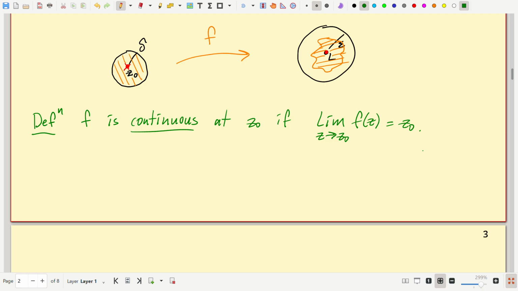And of course, being continuous in an open set means it's continuous at each point in the open set.